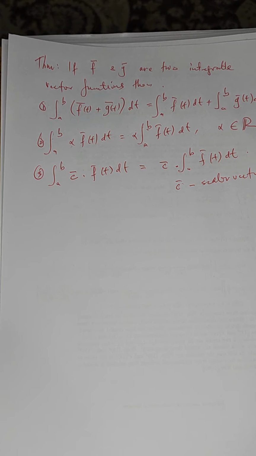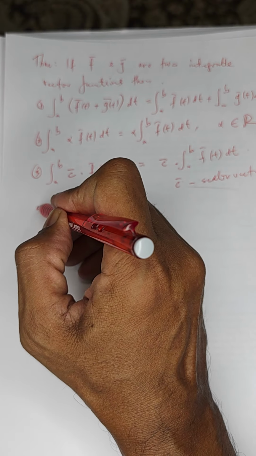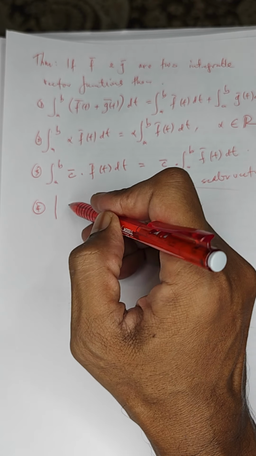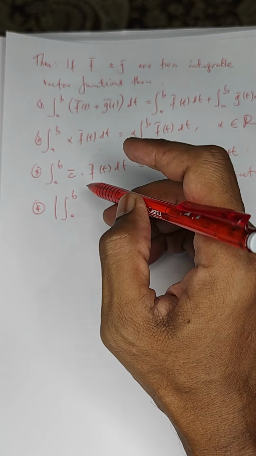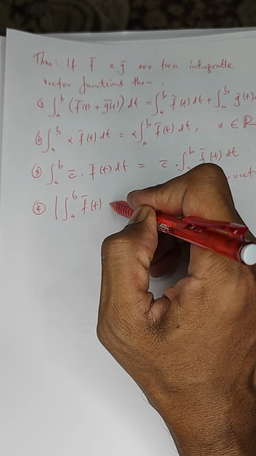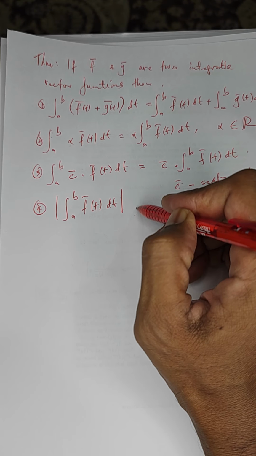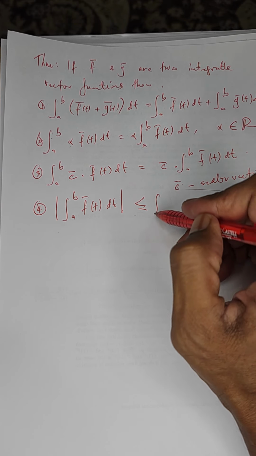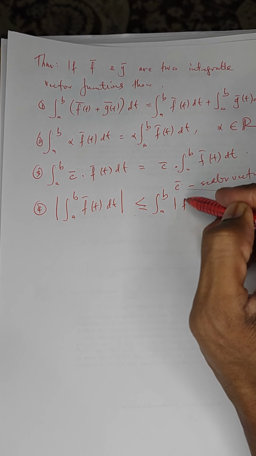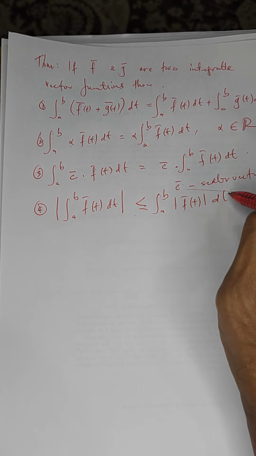And number four, the magnitude of integral a to b f(t) dt is less than or equal to integral a to b of the magnitude of f(t) dt.